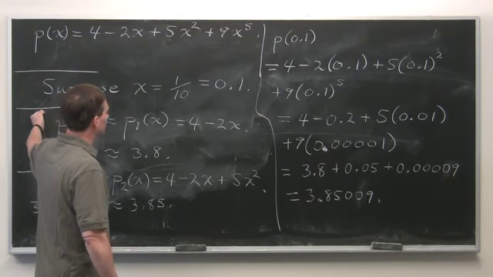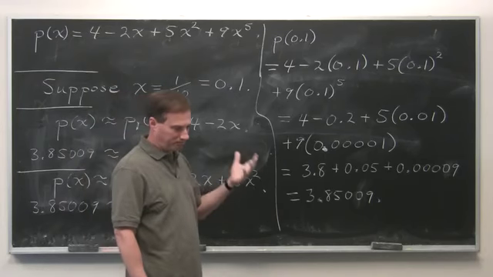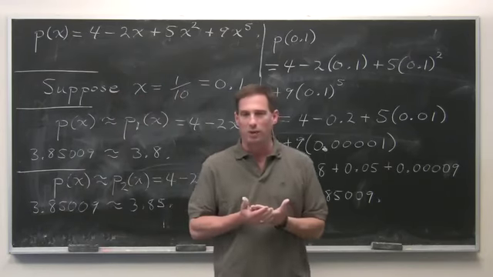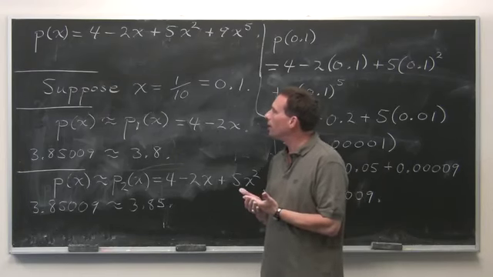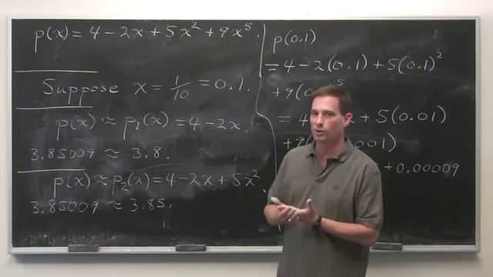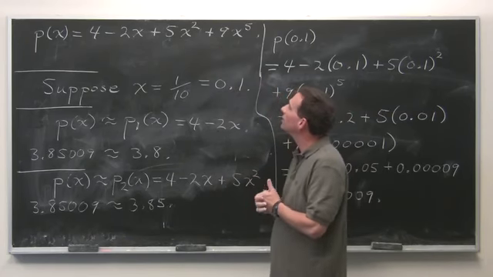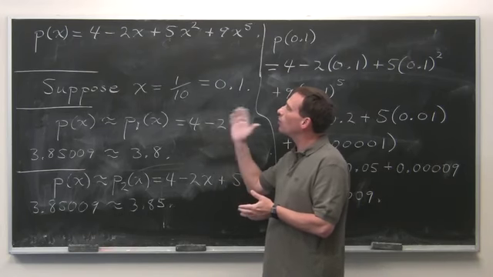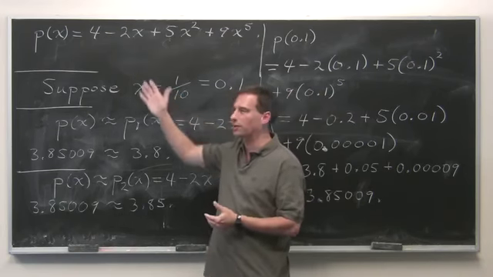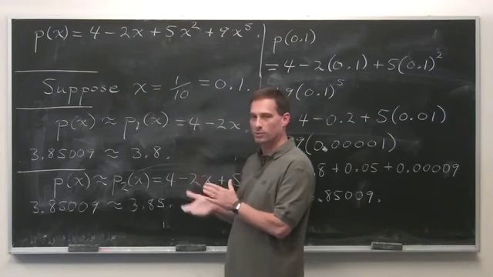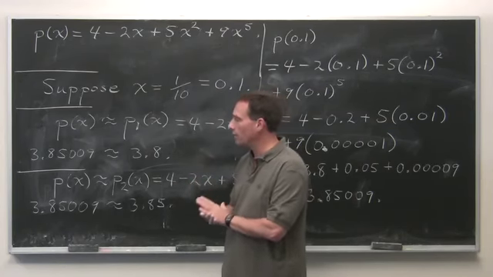So this is very basic, and yet people have trouble with it. That yes, when x is close to 0, and you have a polynomial written in powers of x, it's the lowest degree terms that are most significant. The higher order terms, the higher powers of x, matter less.